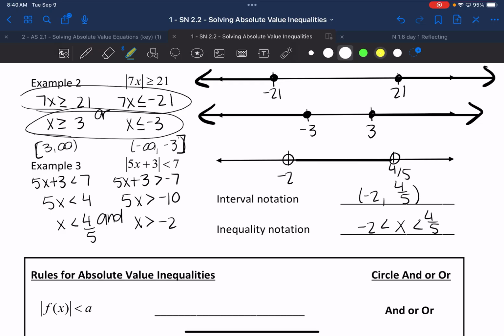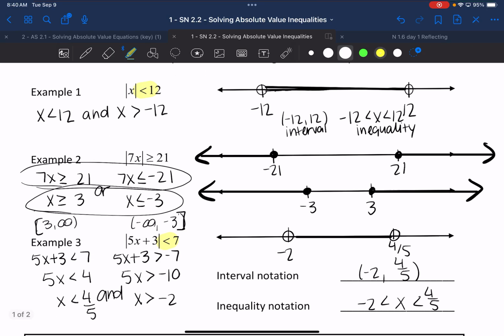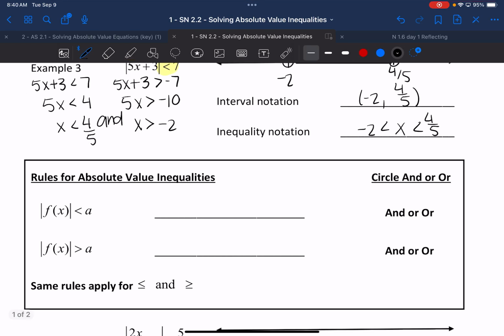So she said when it's this symbol, right, when the absolute value is less than, with the x inside of there, then it ended up being an and. And when it was flipped the opposite direction, it was an or. So if it's flipped this way, we know we have and, right? And when it's flipped this way, we know we are dealing with an or statement.